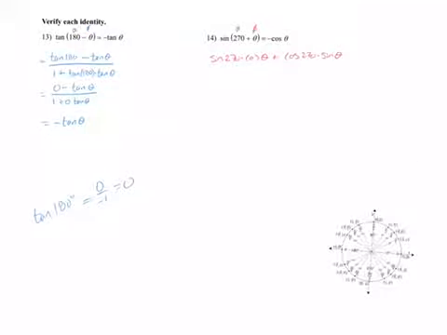So that means this is going to come out to be -1 times cosine of theta plus 0 times sine of theta. Well, that part just becomes 0. And this becomes negative cosine of theta. And that is what we were trying to show.